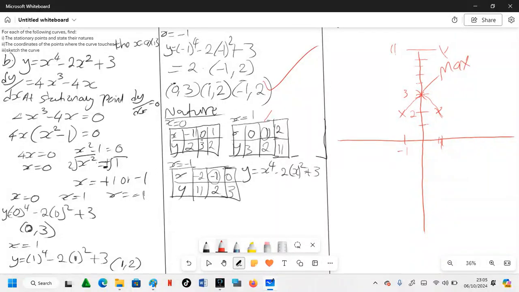So 2 is somewhere there, and 11 is somewhere up there. Right. So this curve is coming like this, turning there, going like that. So this one is a minimum. As you can see, it is turned like that. Looks like a U. Right. And then let us proceed. We have negative 2, 11.